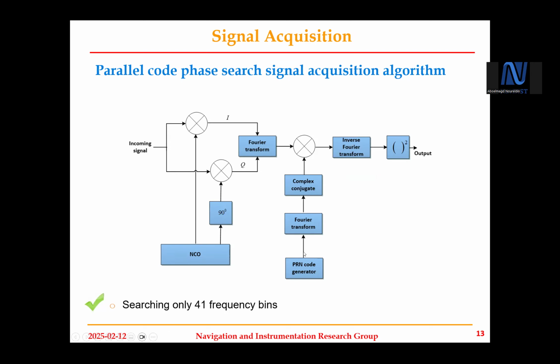We generate the code here, and we apply Fourier transformation. We take the complex conjugate of that output. Every time we change the frequency here, we only shift the frequency or the phase of the signal, but we generate the code at once.